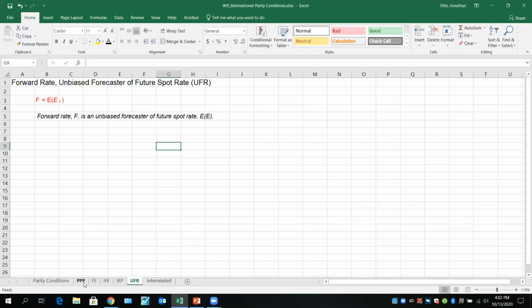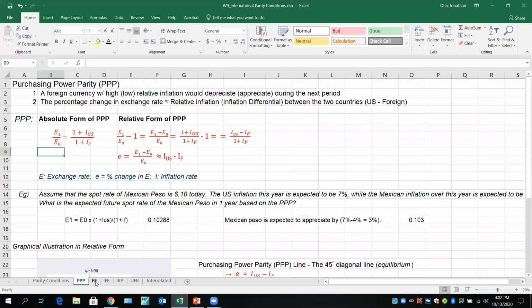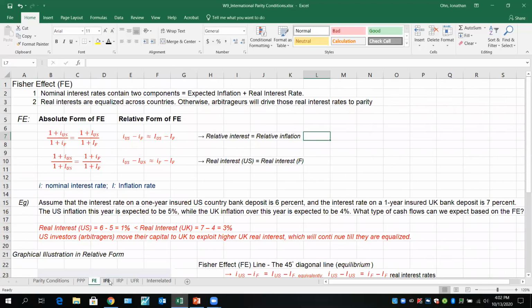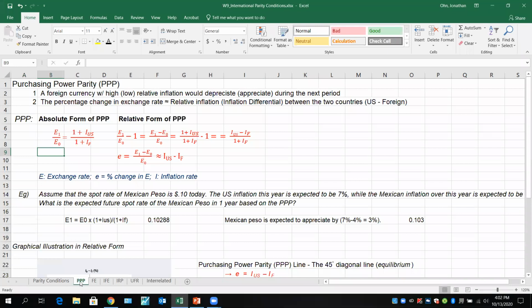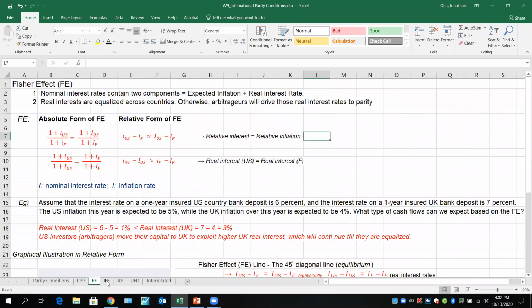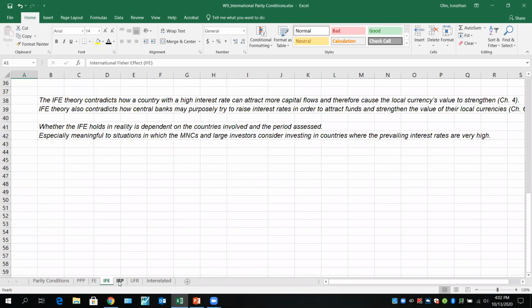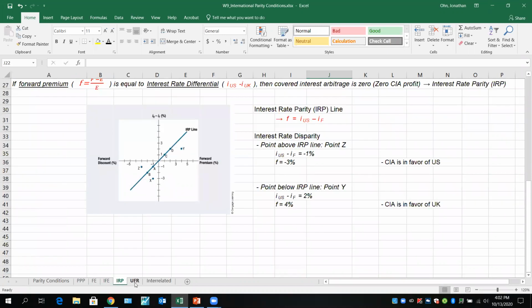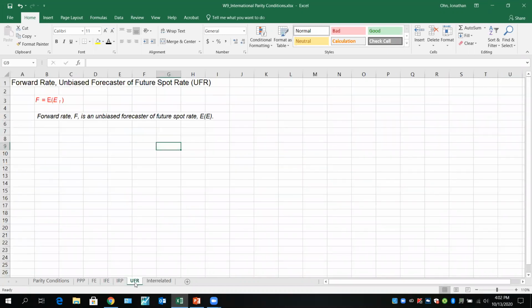Okay, I explained these 5 parity conditions, including purchasing power parity, Fisher effect, international Fisher effect, interest rate parity, and the forward rate as an unbiased estimator of the future spot rate. Now, these 5 are the complete components of the equilibrium or parity conditions in international finance.